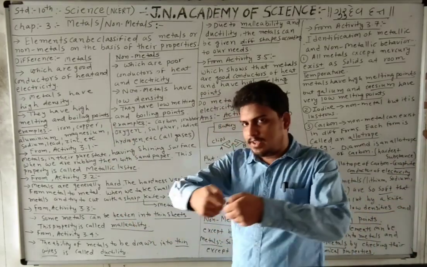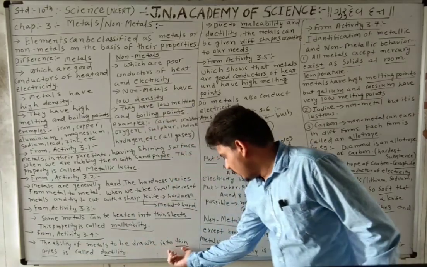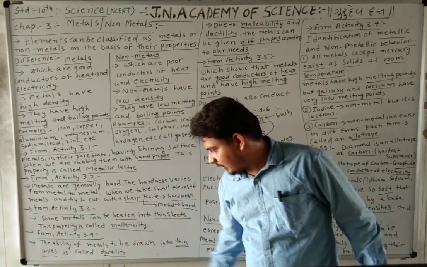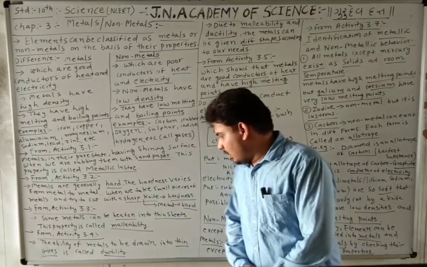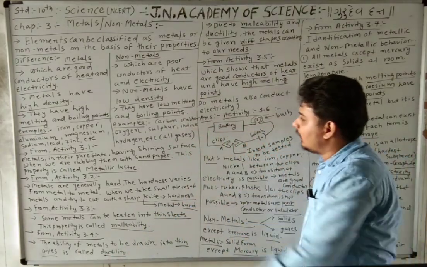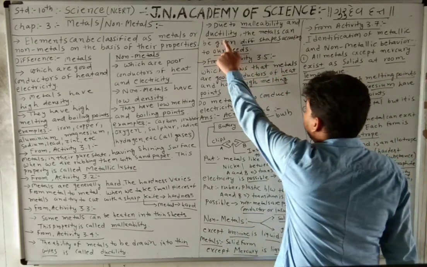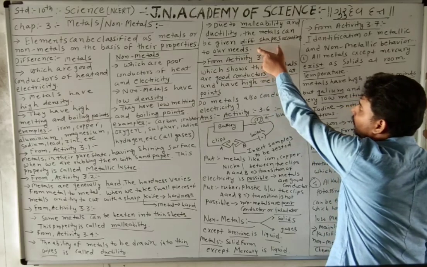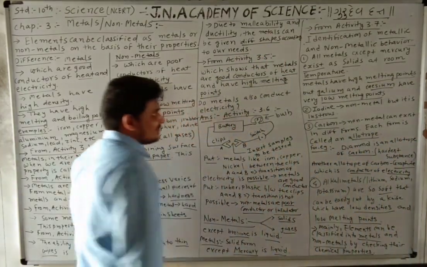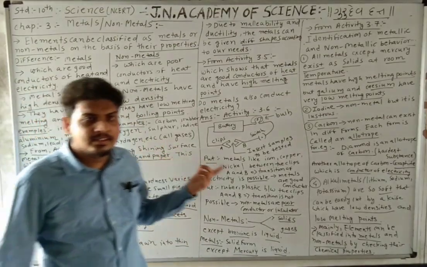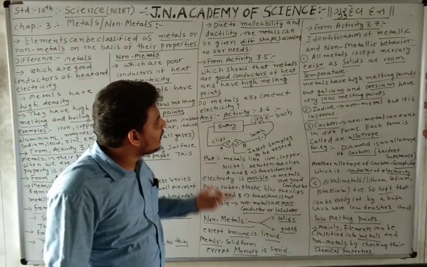When we stretch them, they convert into thin wires, and the property is known as ductility. Due to malleability and ductility, metals can be given different shapes according to our needs.